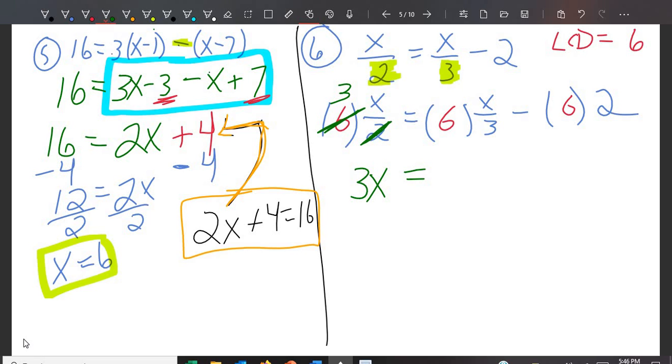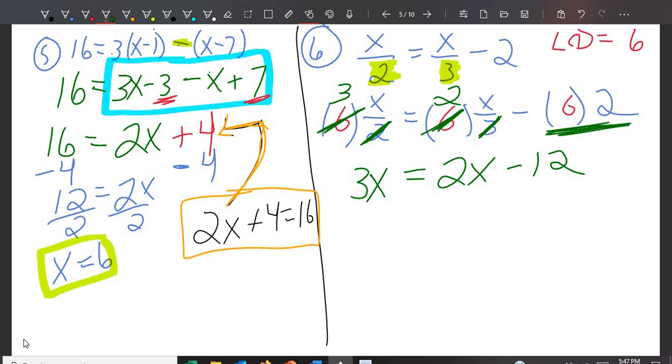On the right side, we'll take the denominator, divide that into the 6, and we'll get 2. So on the right side, we've got a 2x. This piece, there's no fraction, so you just multiply 6 and 2, and we'll get negative 12. So we're multiplying by the common denominator and dividing out the denominator into what's in the parentheses.